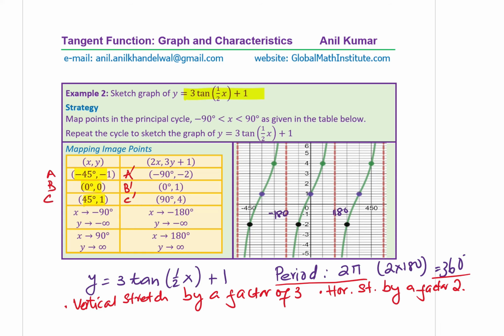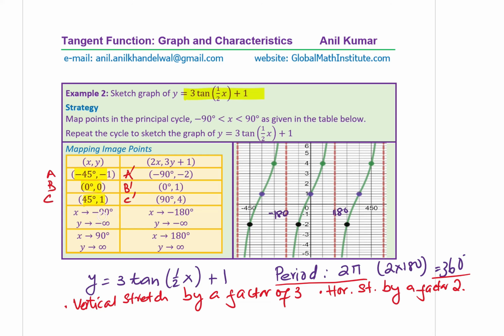The y values get multiplied by 3, and 1 is being added. So when you multiply minus 45 by 2, you get minus 90, and for minus 1, when you multiply by 3 and then add 1, you get minus 3 plus 1, which is minus 2. So that is how you can calculate the image points for A, B, and C. So we get the image points as minus 90 degrees, minus 2; 0 degrees, 1; 90 degrees, 4.